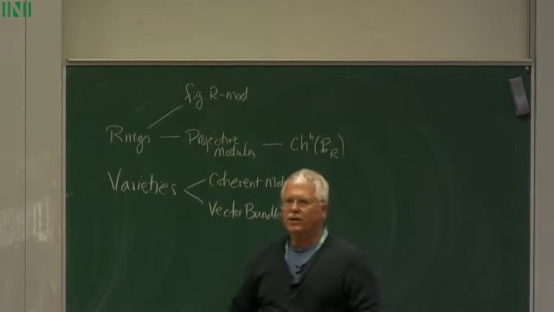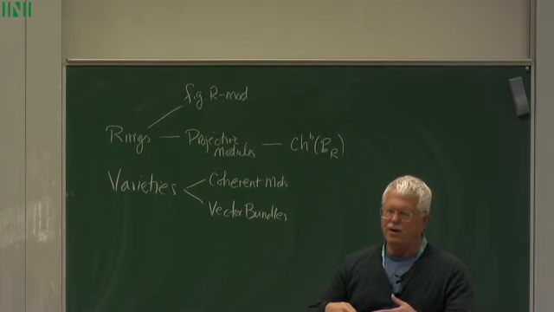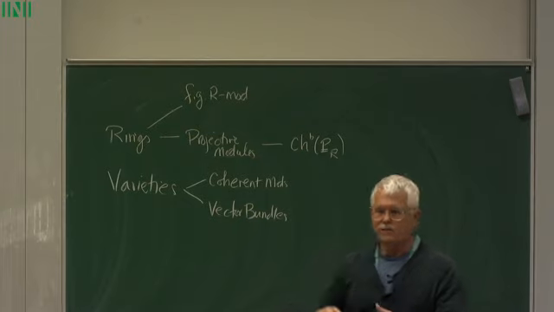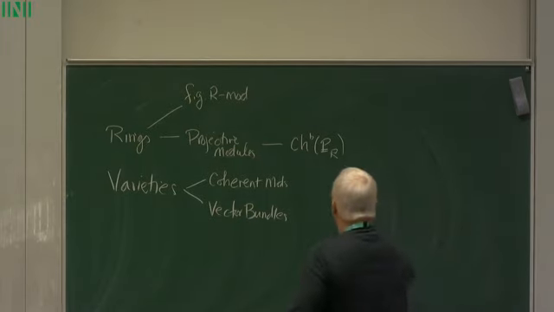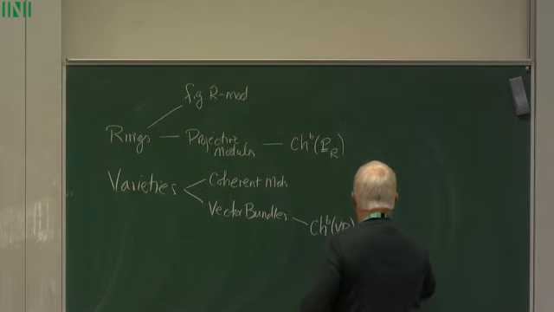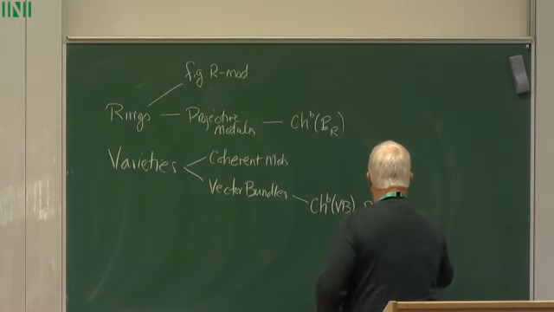If I write projective modules as P with a subscript R, then the bounded chain complexes of projective modules are a thing that one can look at, and these are called perfect complexes.